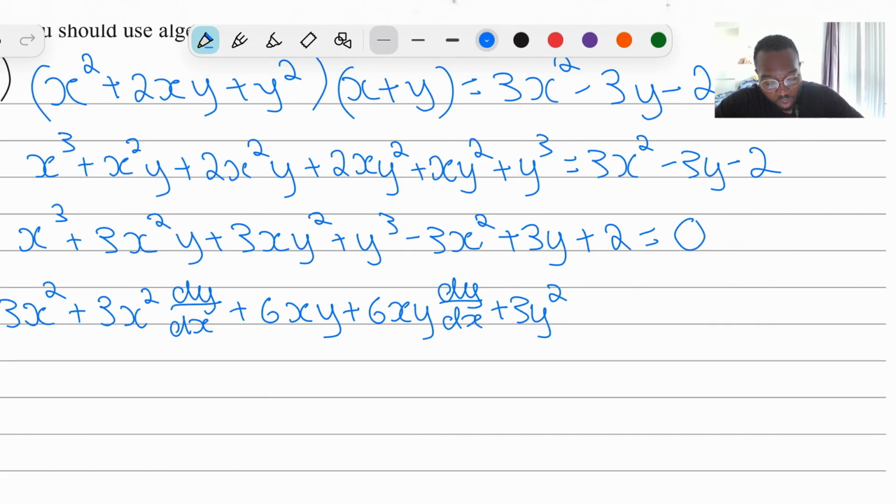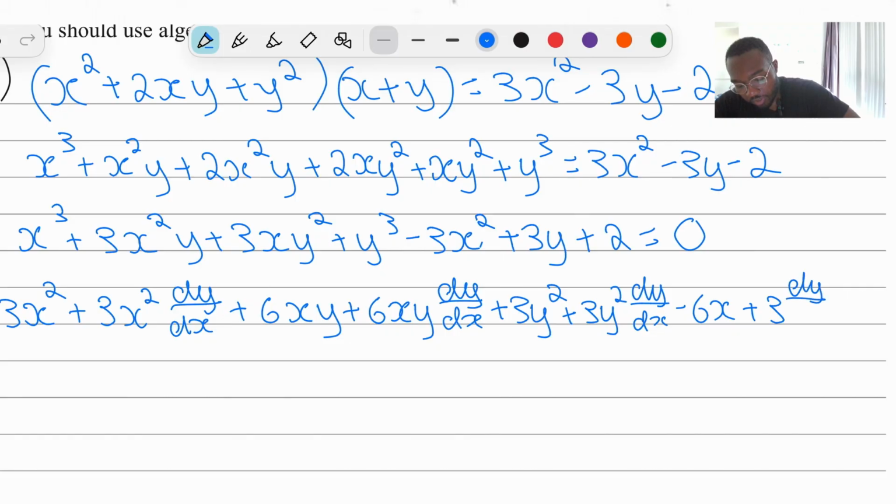And then with that y cubed, that would just be a 3y squared dy over dx. And then the 3x squared, that would be a minus 6x. And then we'll just be left with one last thing, the 3y, which would be a 3 dy over dx. And this is all equal to 0.